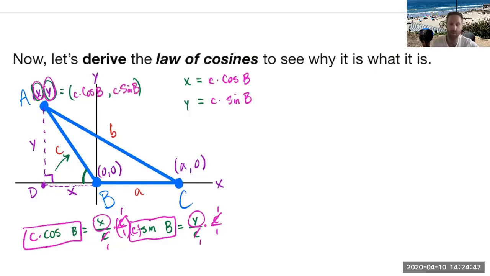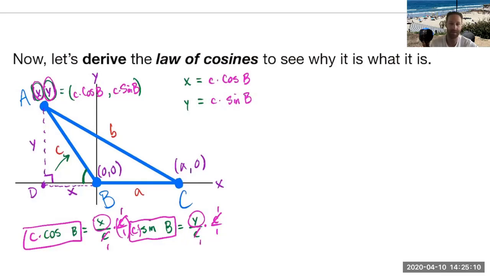So now I have all three of my original points, A, B, and C, in terms of A's, B's, and C's, and not those additional x's and y's that we didn't want to add in. So what we are going to do here is utilize an old formula that hopefully you guys remember, which is called the distance formula.